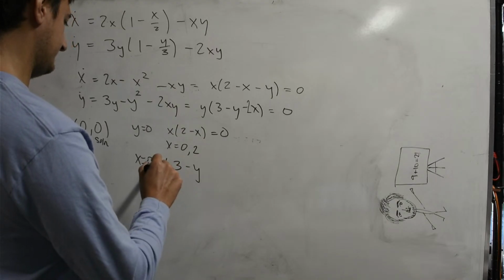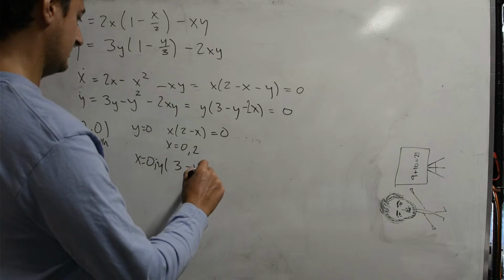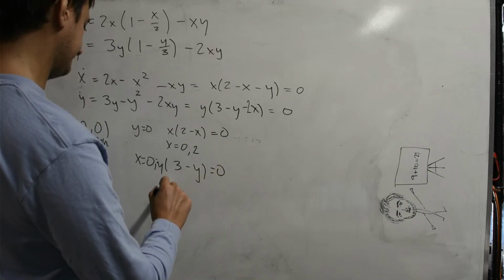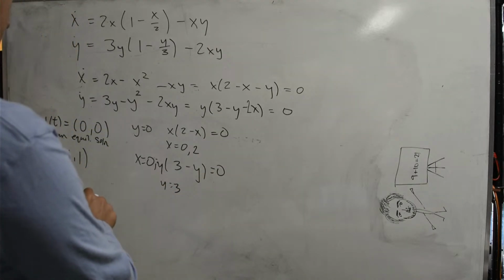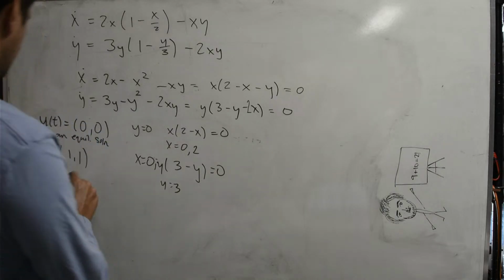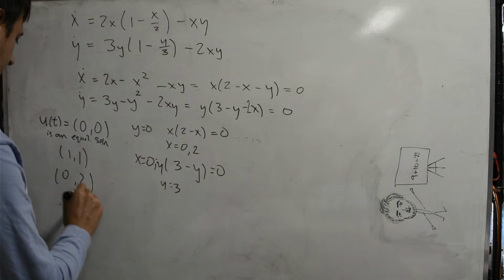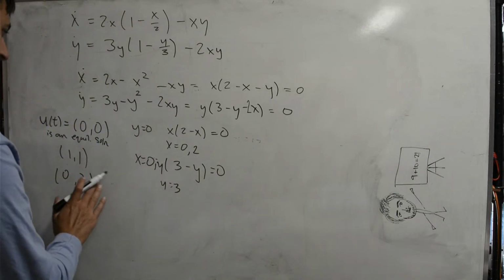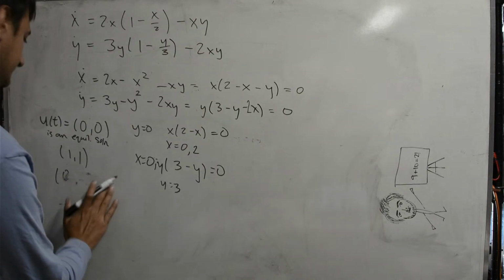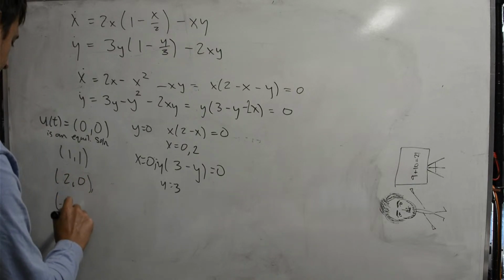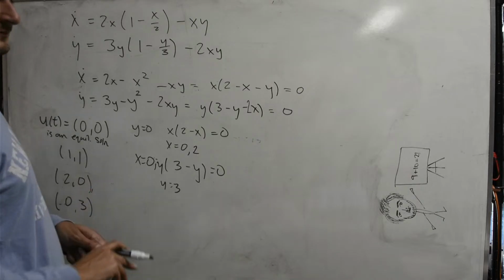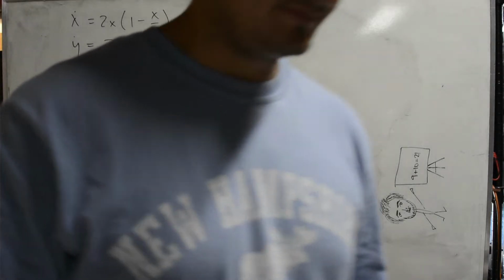Wait, so we have 0, 2, or wait, 2, 0, and 0, 3. Okay, so that's that problem.